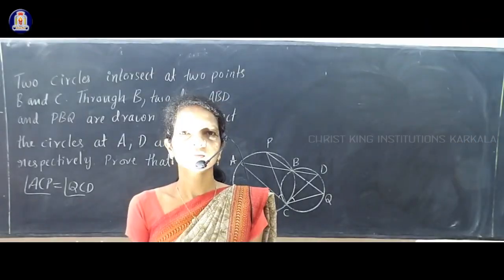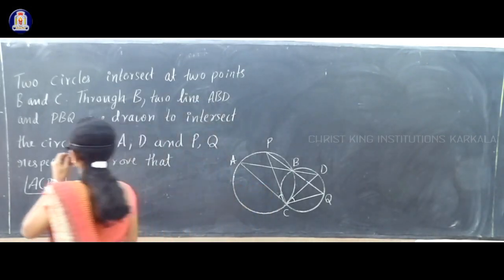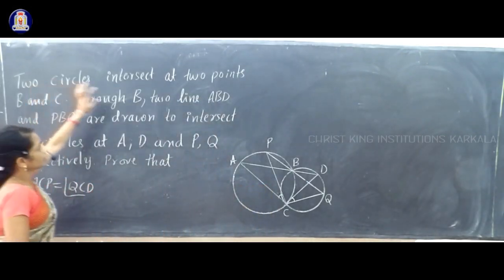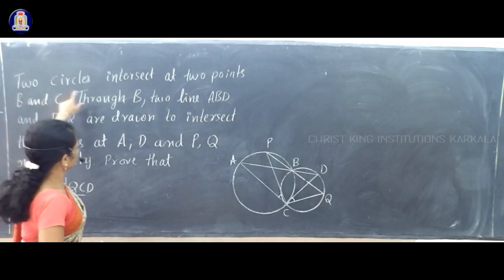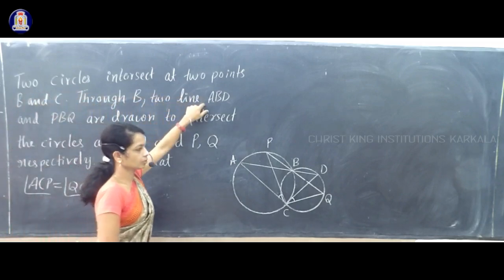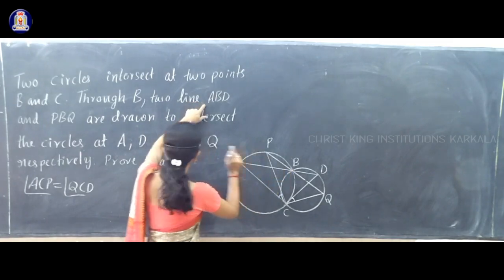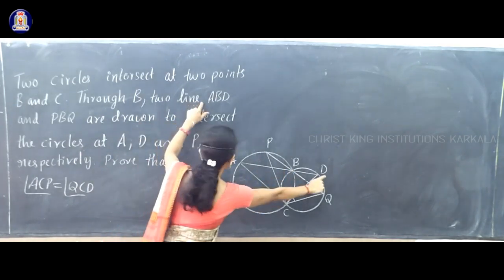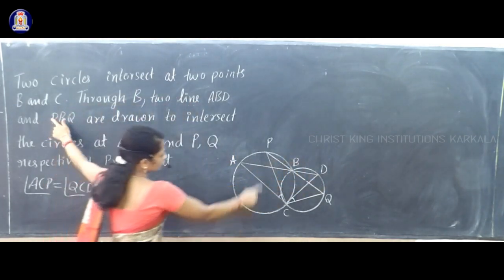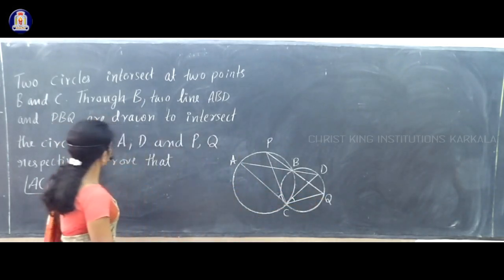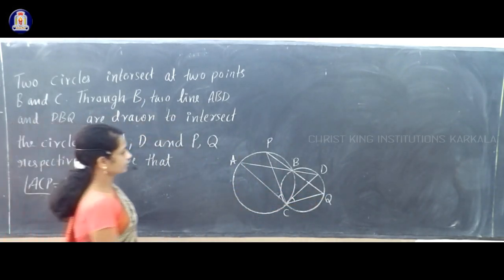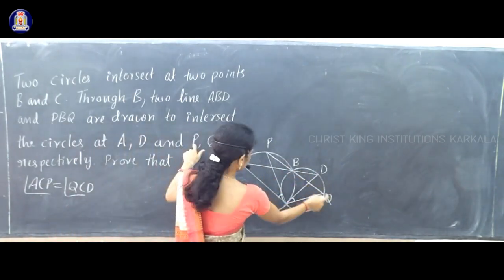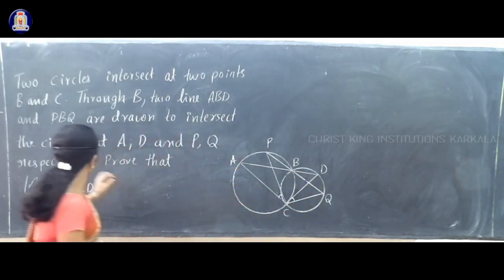Okay. Next problem is: two circles intersect at two points B and C. Through B, two lines ABD, that is this line ABD, and PBQ, this line, are drawn to intersect the circles at A, D, P and Q respectively.